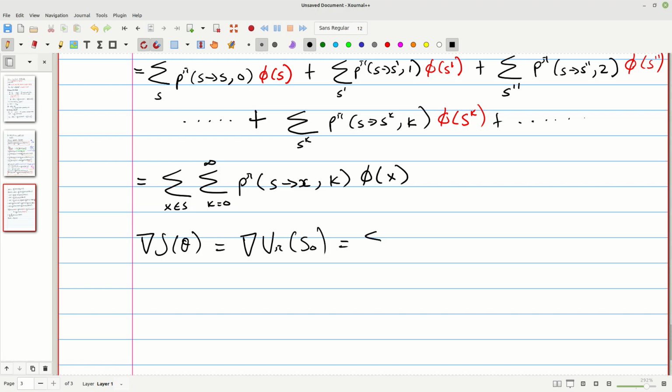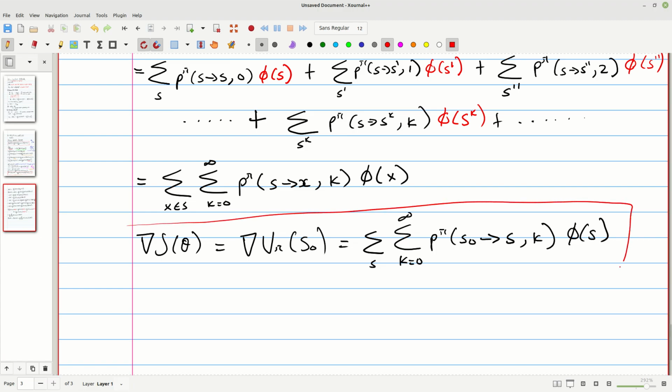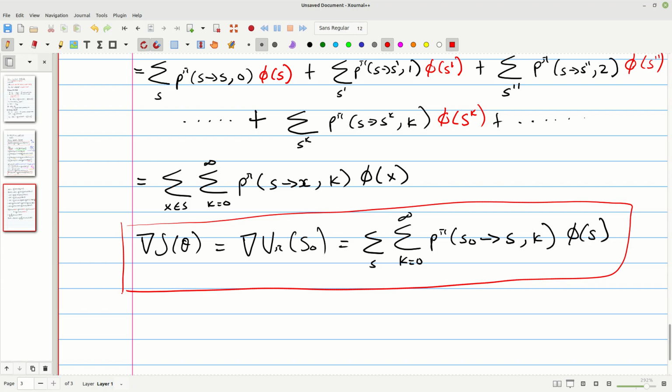So this is essentially equal to the summation over s, summation from k equals 0 until infinity of p pi, since we're starting from s0, the probability of transitioning from s0 to s in k steps, so we're just writing this more generally, times phi of s. This is essentially the result. Well, we're not there yet, but we're getting there.